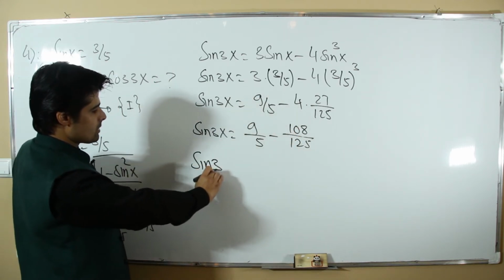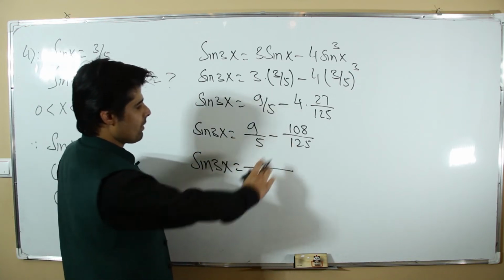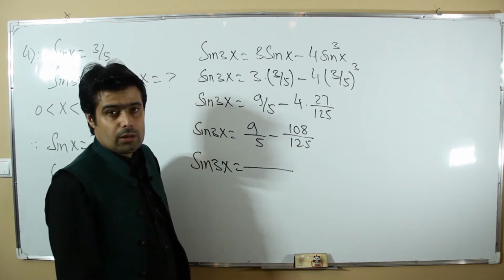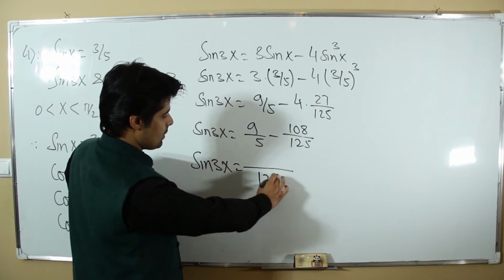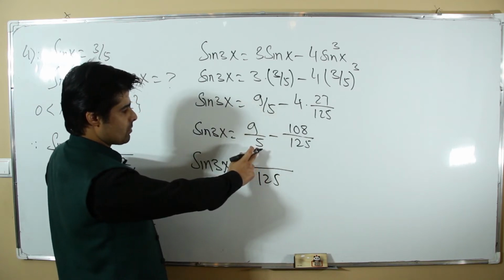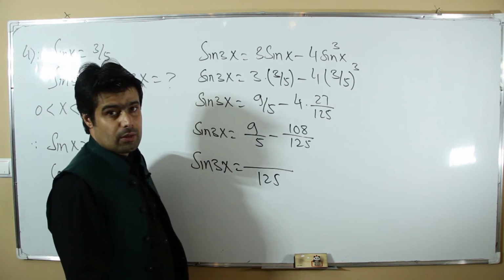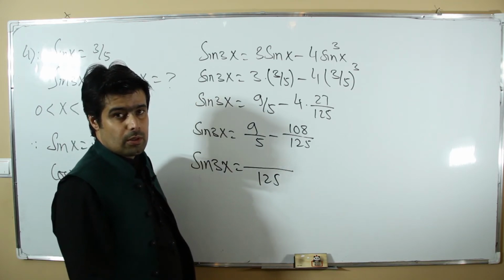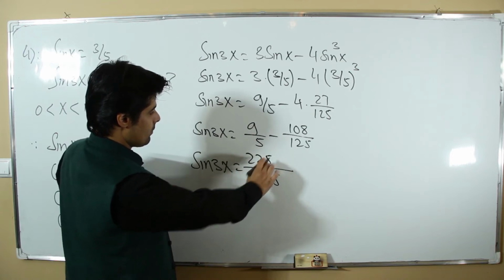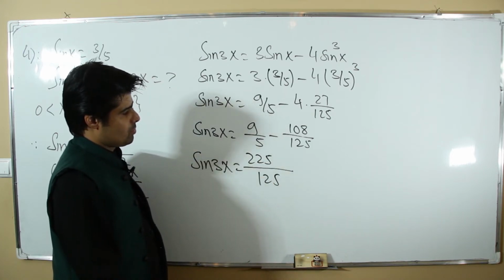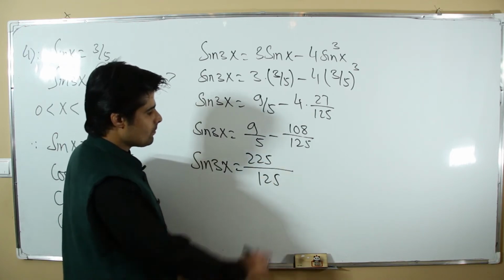Yes, sine 3x is. Now we have to fix the factors in the denominator 125. 125 divided by 5 is 25. 9 times 25, I think 225. Am I right? Yes.